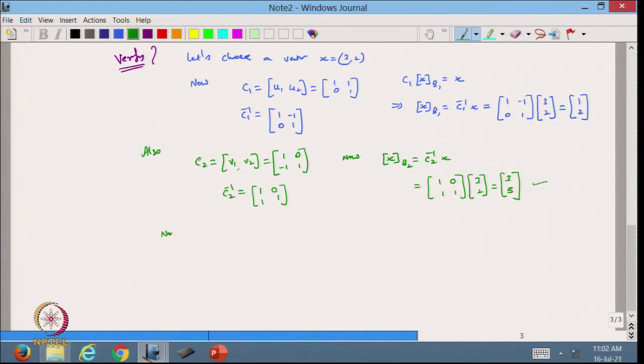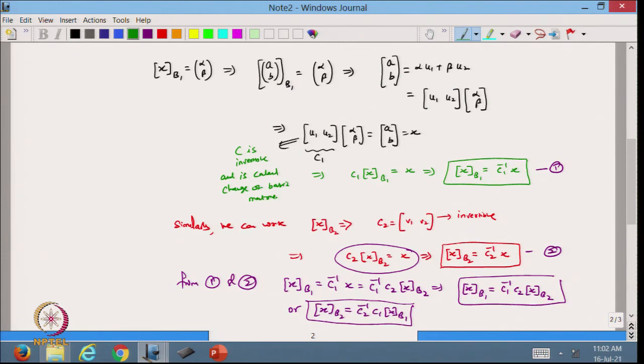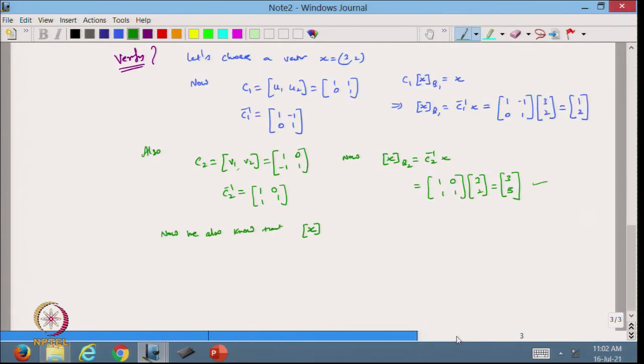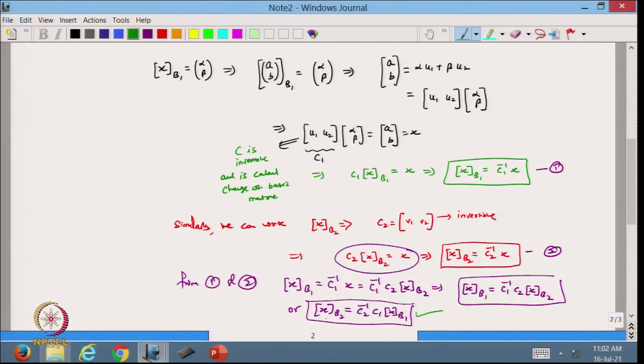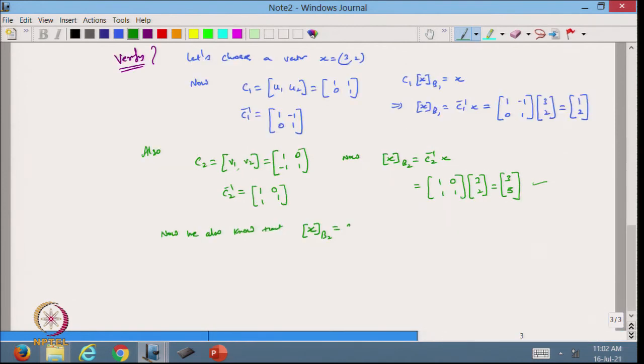Now, we also know that, so this one we want to find. Let us verify either of these. Maybe I can verify this one. So, x with respect to B2 is equal to C2 inverse C1, C2 inverse C1, and then x with respect to B1.